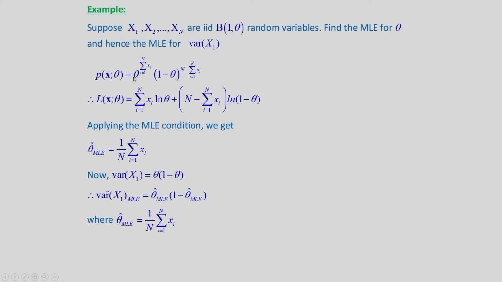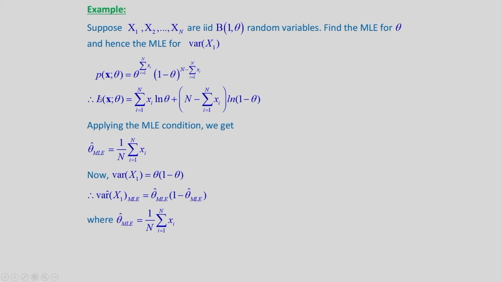So, P of x; theta will be theta to the power of the number of successes, which is summation xi, i going from 1 to n, because xi takes value either 1 for success or 0 for failure. So, summation xi will be the number of successes. So, theta to the power summation xi, i going from 1 to n, into (1 minus theta) to the power n minus summation xi, i going from 1 to n. This is the likelihood function.